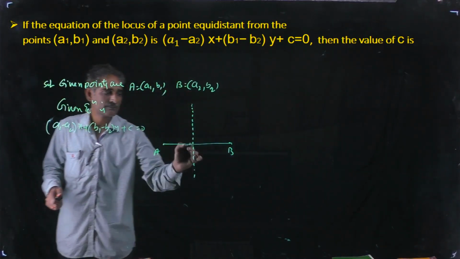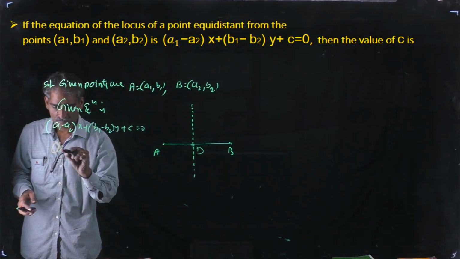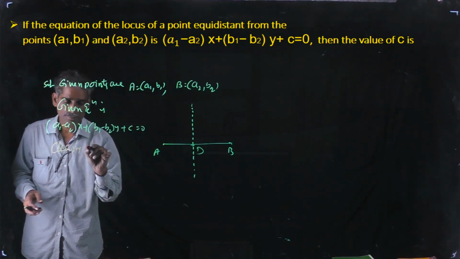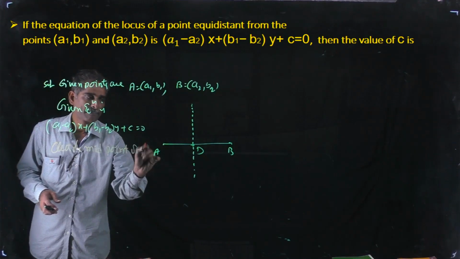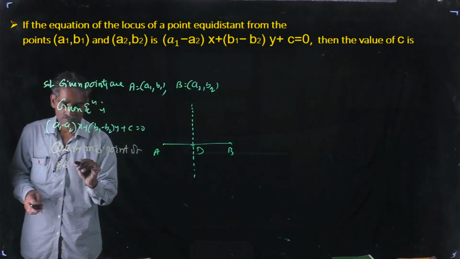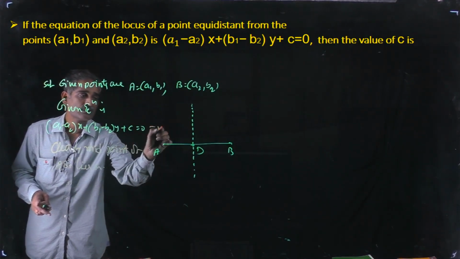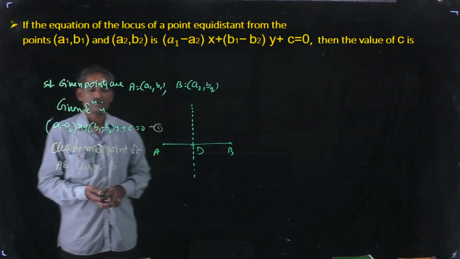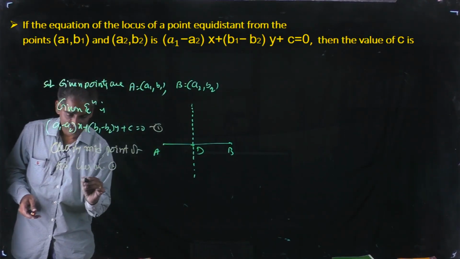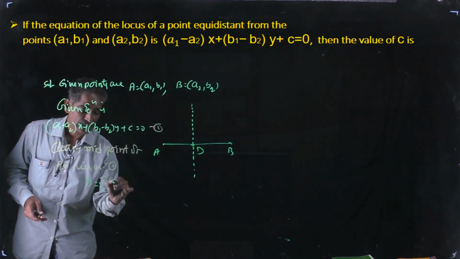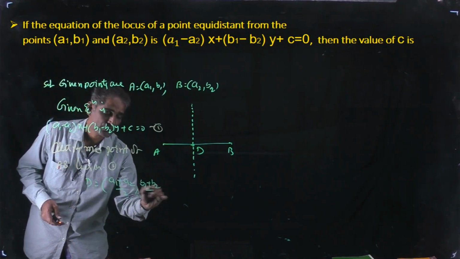So clearly the midpoint of AB lies on equation 1. So find the midpoint of AB. The midpoint D is equal to ((a1 plus a2) by 2, (b1 plus b2) by 2).